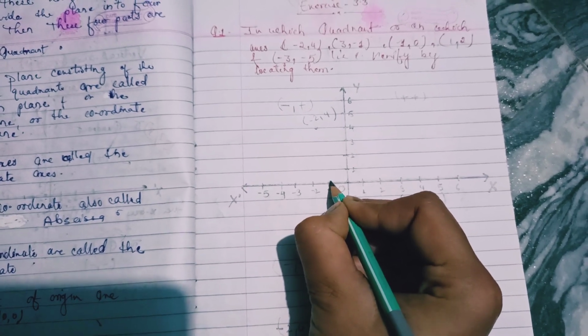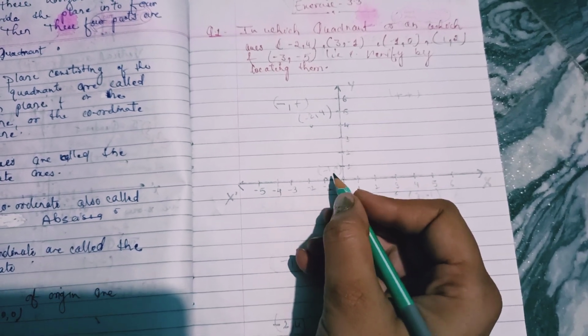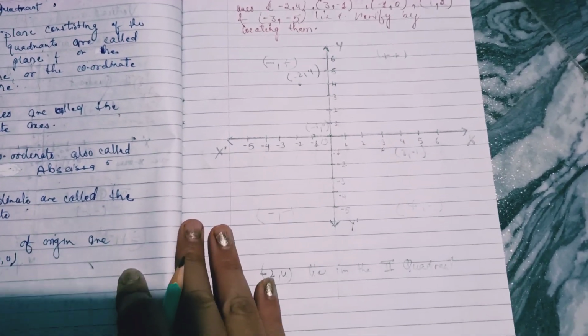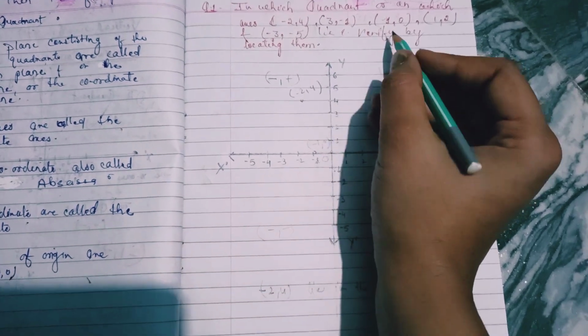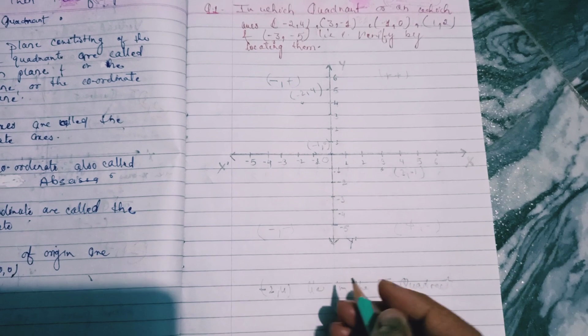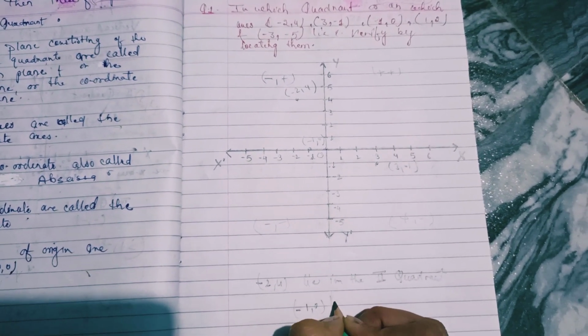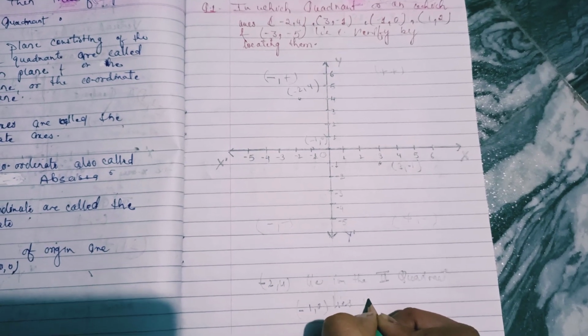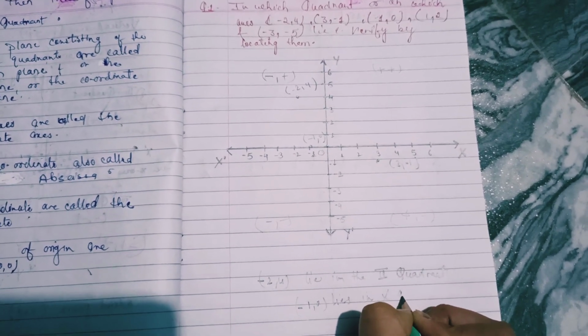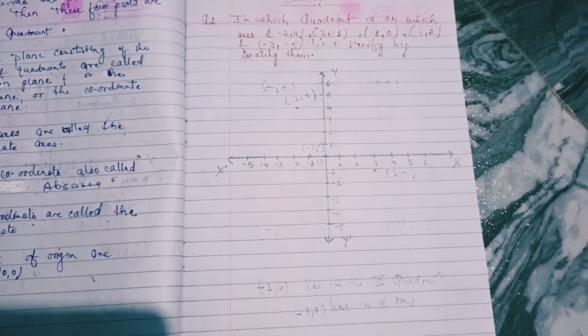So this must be the point minus 1 and 0. This is not lying in any quadrant. This is lying on an axis. That is why they ask 'or on which axis'. So minus 1 and 0 lies on the x-axis. That is how you can write it.